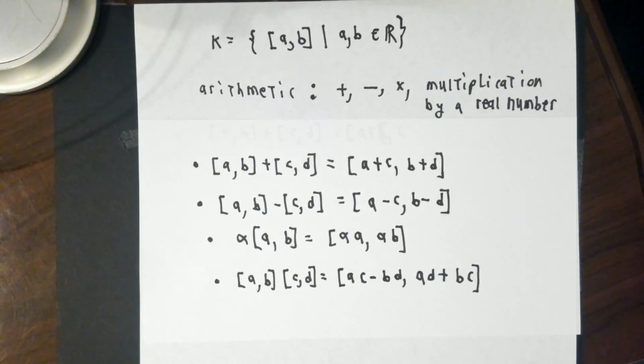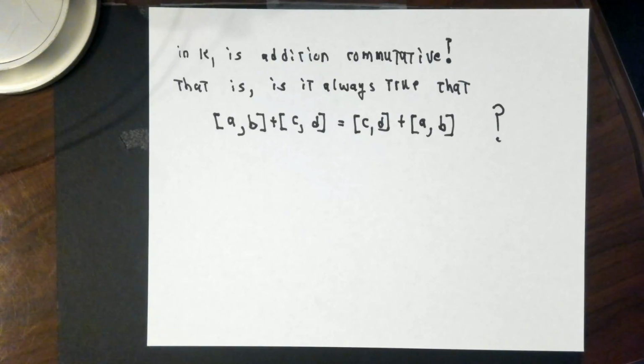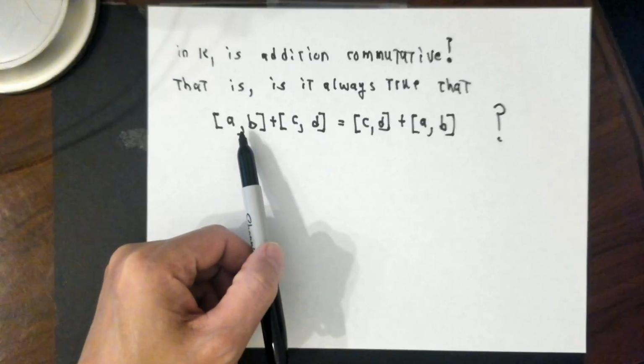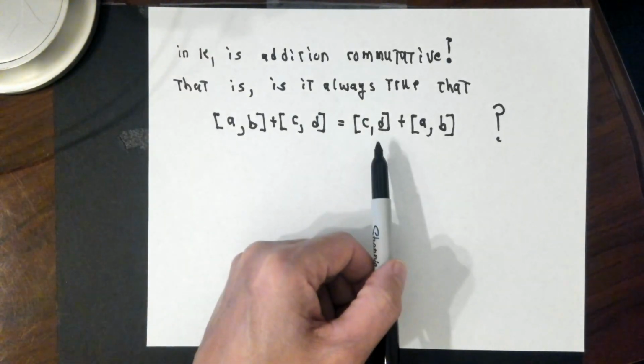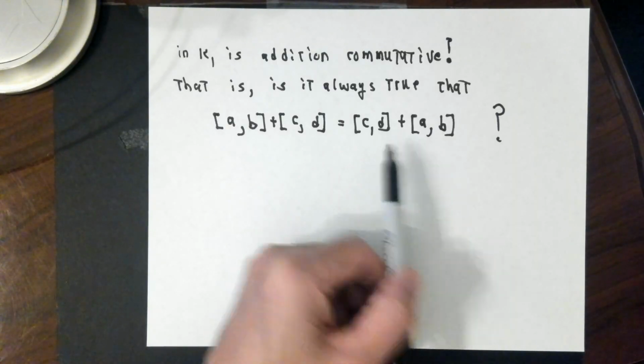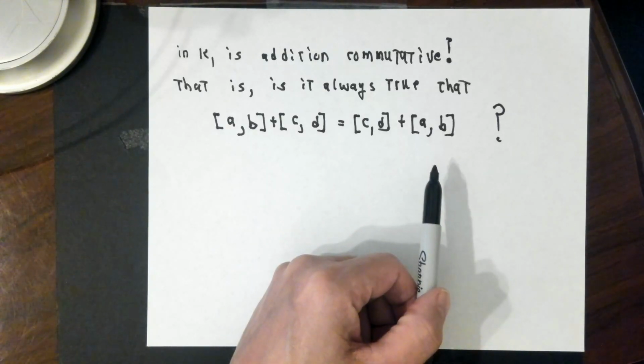Let's check a few of these things. One thing that we can check is, in K, does addition obey a commutative law? That is to say, is it true that AB plus CD is always the same as CD plus AB?